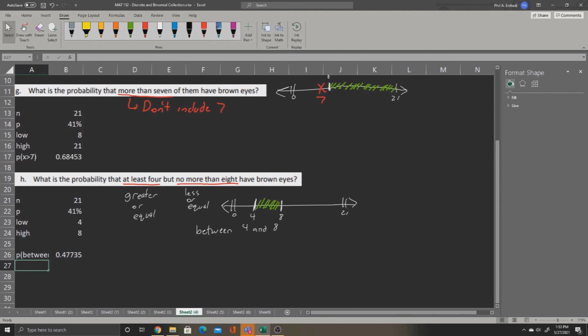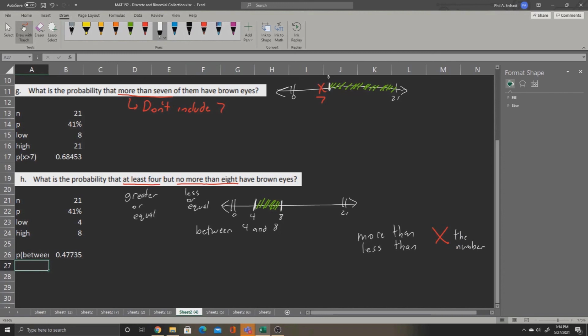The challenge in this problem is being able to sort through the words at least or no more than. We need to know whether we are including the numbers or we are excluding the numbers, as in problem G. So if you ever see more than or less than, that's exclusive. That means we're leaving that number out. That means we're going to put an X on the number.